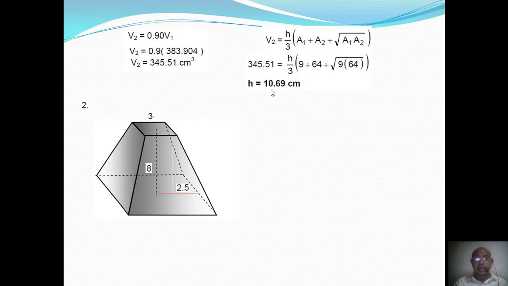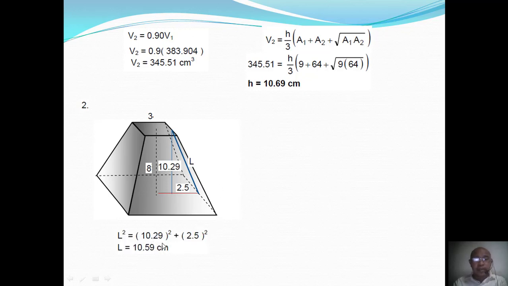If this is 3 and this is 8, the difference between 3 and 8 is 5, and half of that is 2.5. So this is the height, the blue line, and this is 2.5, the red line. Then we have here the slant height L, so we can compute for the slant height L.